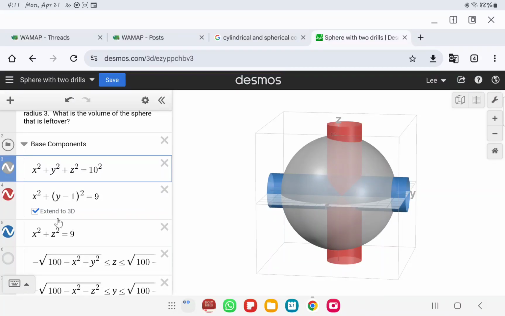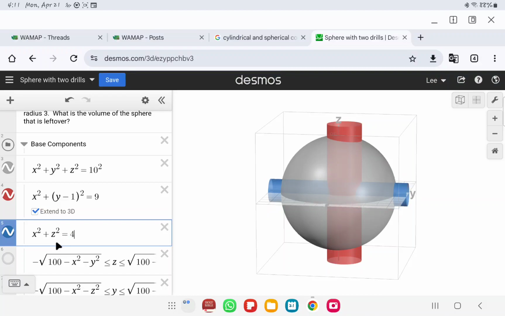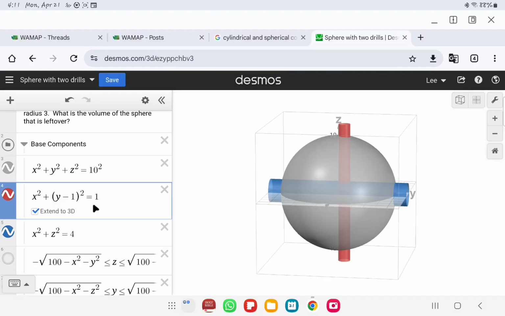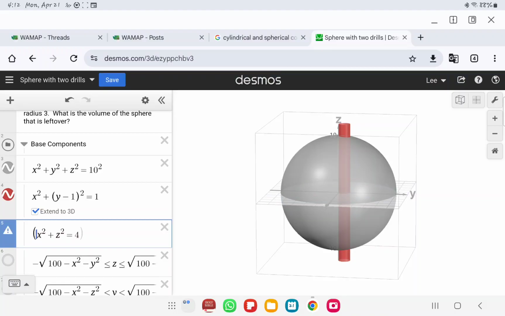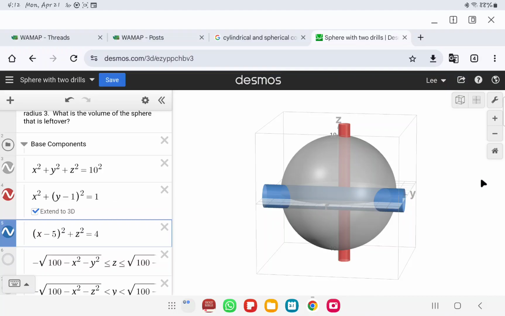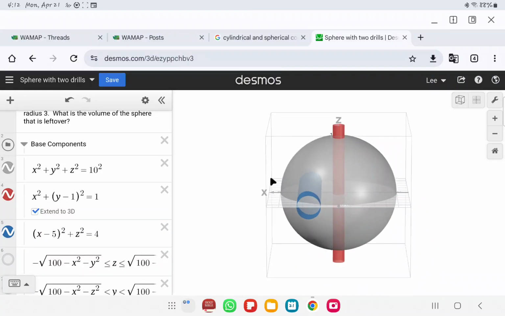And then the other thing is, these could be even something where, let's say we make this radius 4, and let's make this a radius 1, and we'll adjust this by a bit. So we've got x, let's say minus 5 squared, something like that. And in this case, our two drill holes don't even meet.